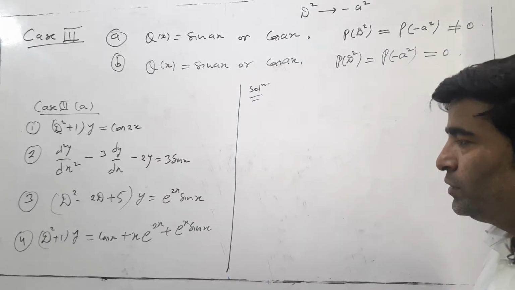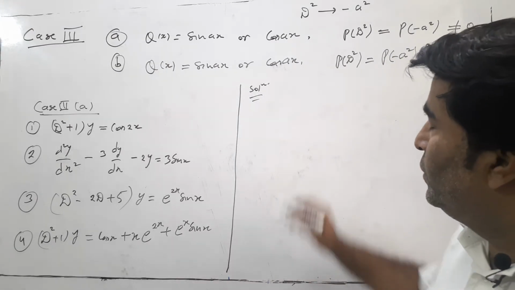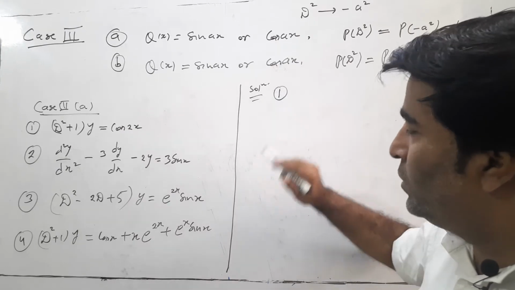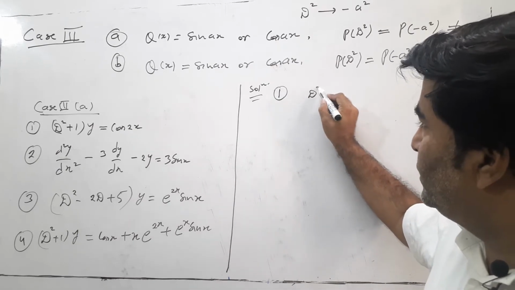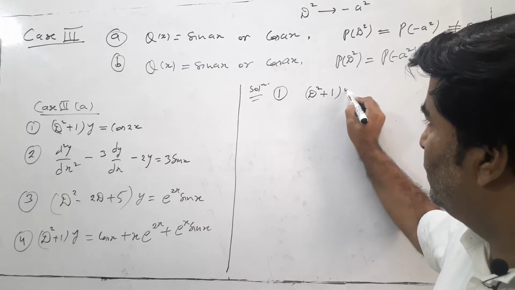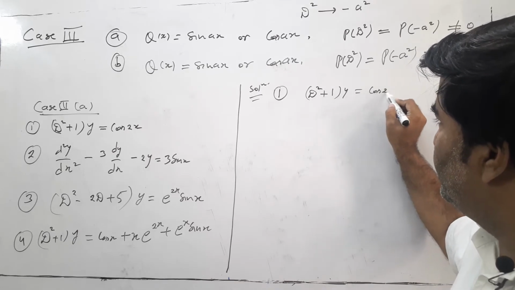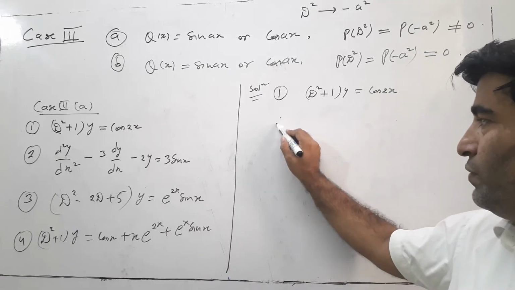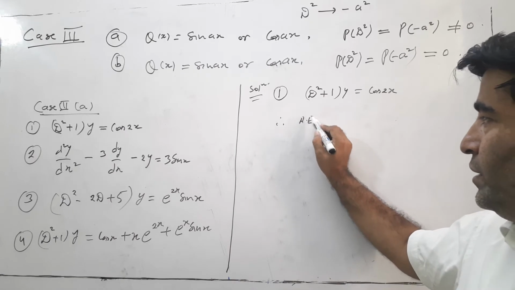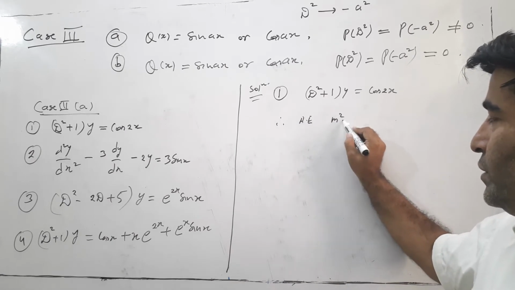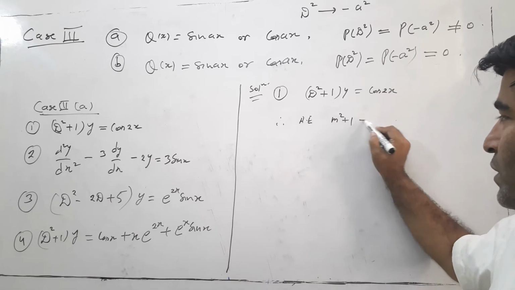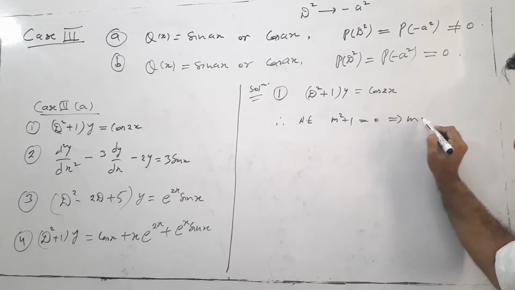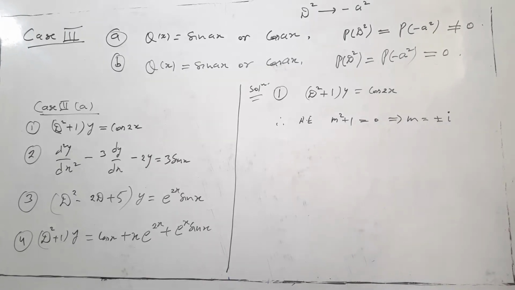Solution 1. The given differential equation is (D square plus 1) y is equal to cos 2x. First of all we find the auxiliary equation, which is m square plus 1 is equal to 0. This gives us m equal to plus minus i.